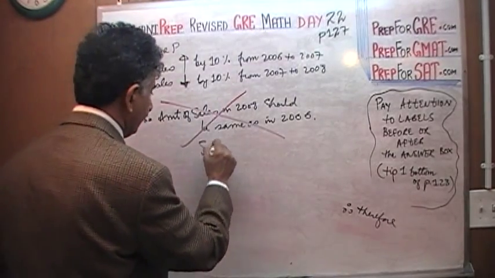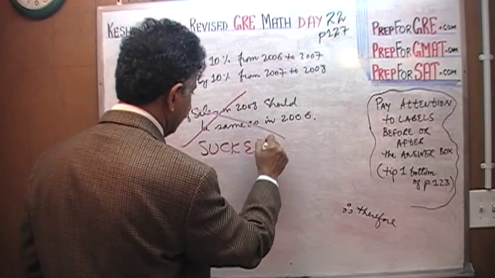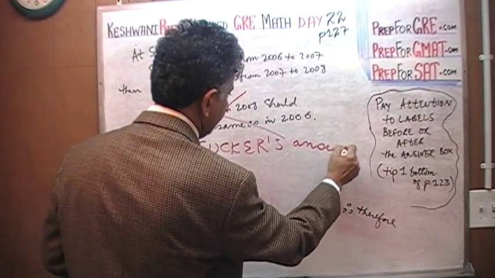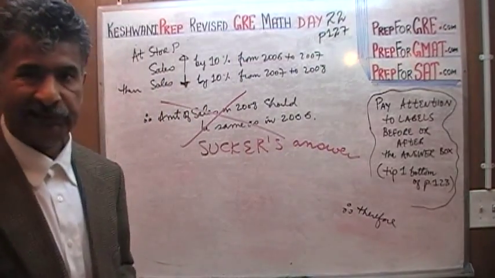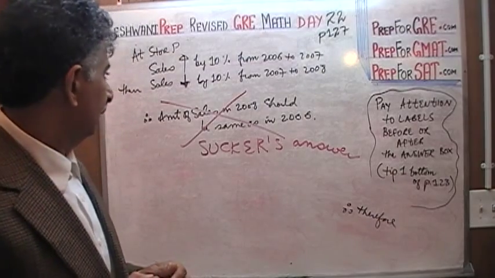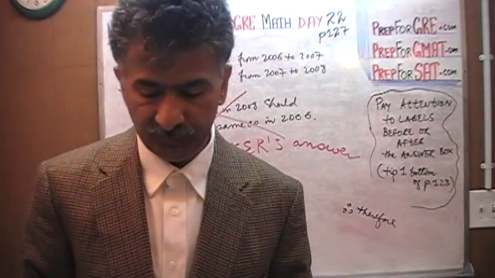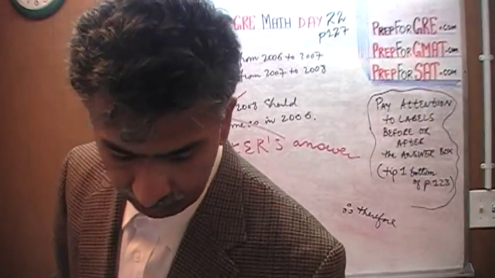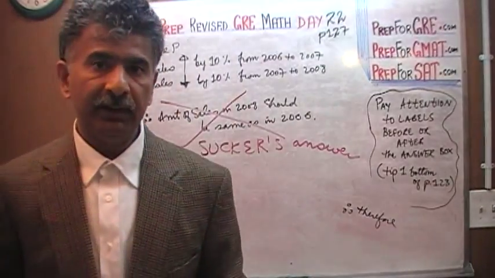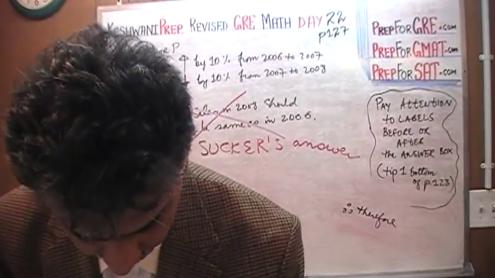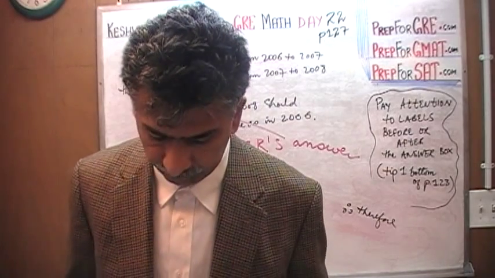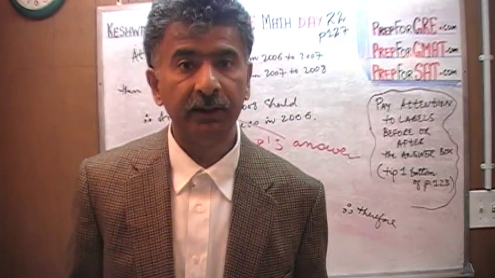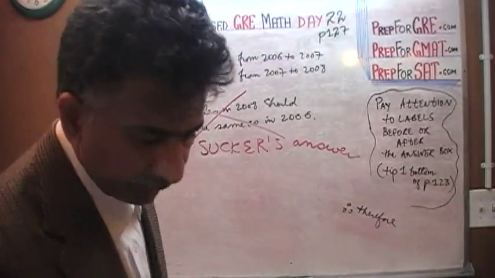This is a sucker's answer. The sales in 2008 will not be the same as in 2006. It requires some thinking. And instead of dealing with the number that they give you, they gave us a number. They said the sales in 2006 were $800,000. Forget that.